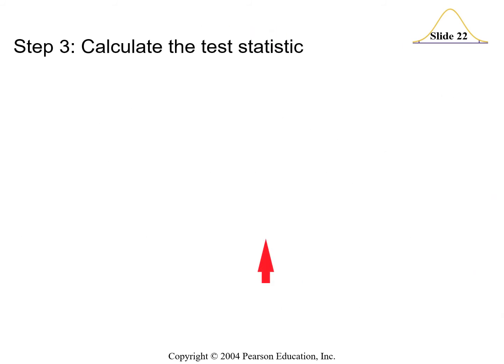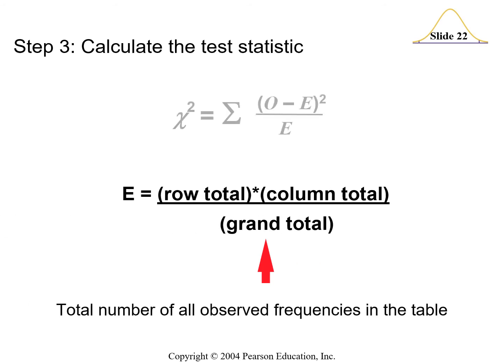Next, calculating the test statistic. The test statistic is chi-square. Chi-square equals the summation of (O minus E) squared over E. O represents the observed, or given, frequency, and E is the expected frequency.